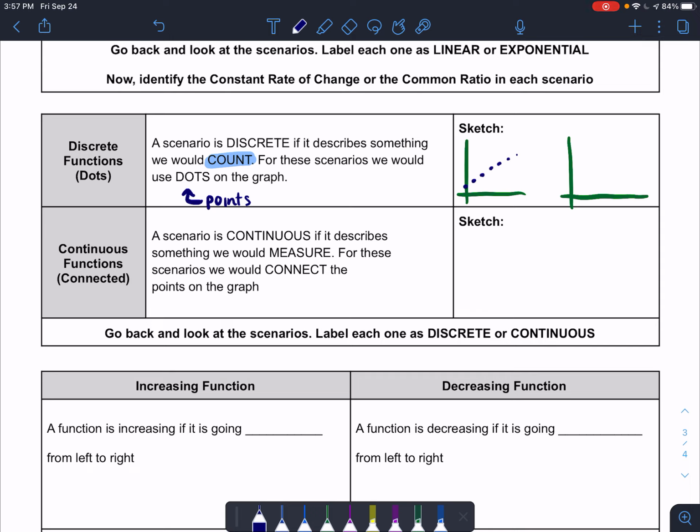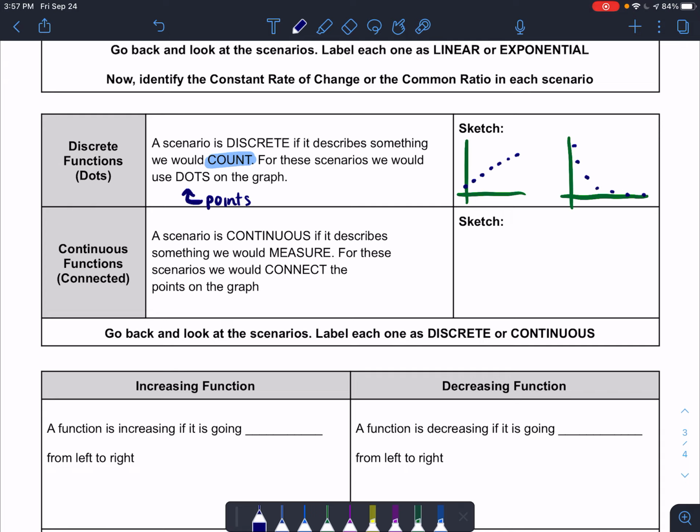Could have something like that. Or maybe once again, you have something like that, okay? And again, the idea is whatever we're measuring here, it could be people, it could be hamburgers eaten. These are things that are whole number ideas, things that you would count in full numbers, okay?